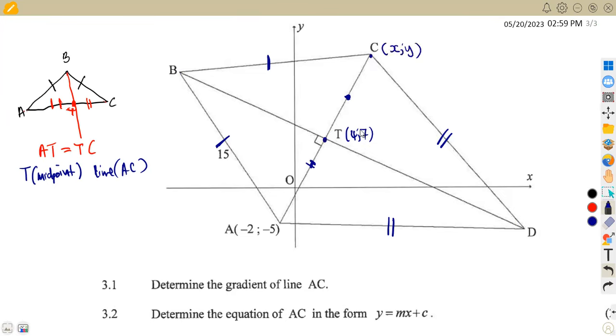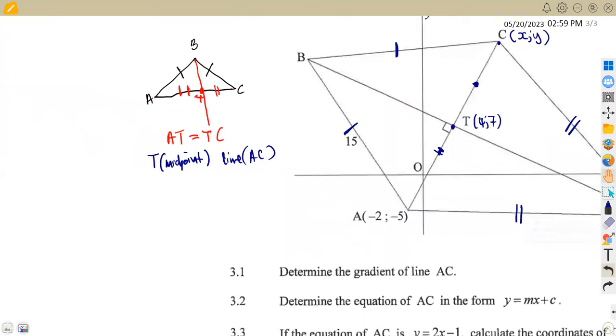Let's just say XY. So this leads us back to the midpoint concept, because we are saying T is the midpoint. Before, how did we calculate the midpoint? In this case, how do you calculate the midpoint? That's how you simply ask yourself.